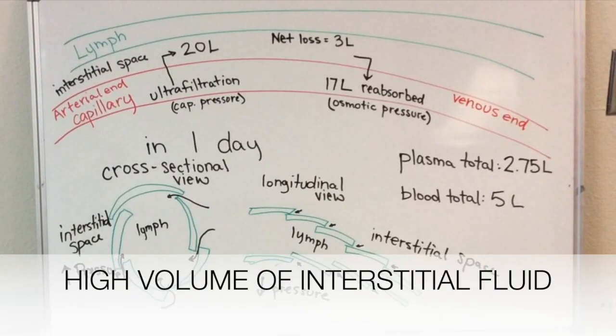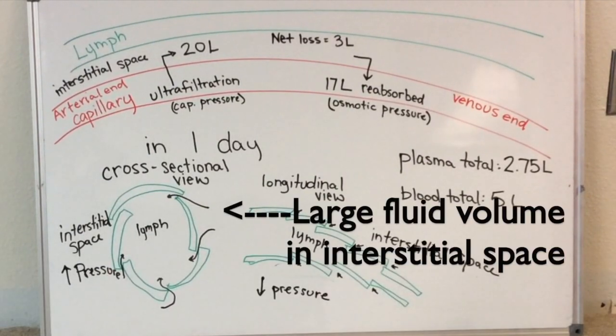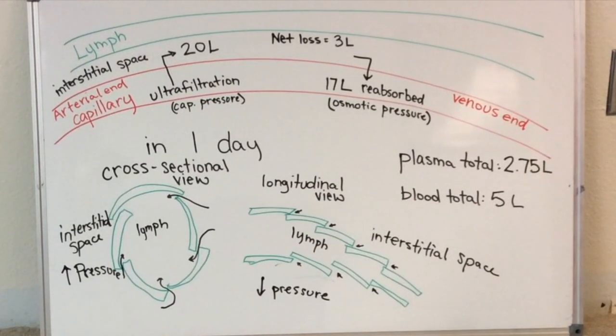The cross-sectional view of the lymphatic system shows what would happen if there is an increase in interstitial fluid within the body. This would happen if somebody became overhydrated. If there's an increase of plasma volume, more plasma would be forced out of the capillaries on the arterial end due to an increase in capillary pressure.